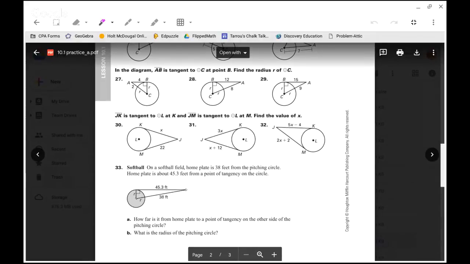Okay, so for 27, it tells you AB is tangent to the circle at point B, and then wants you to find the radius of that circle. So we're solving for R. When you look at this, it's a right triangle, right?